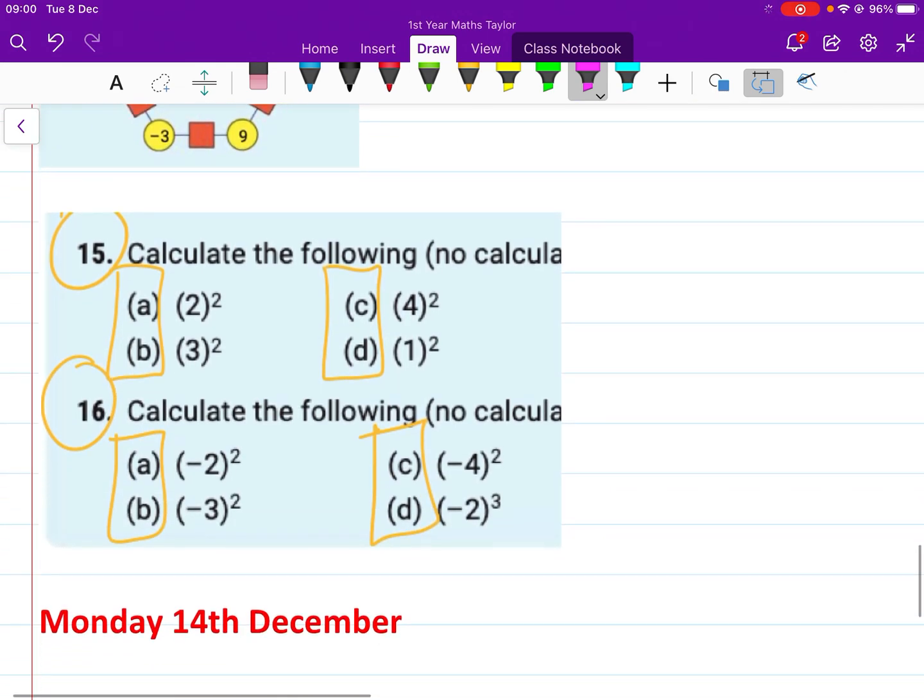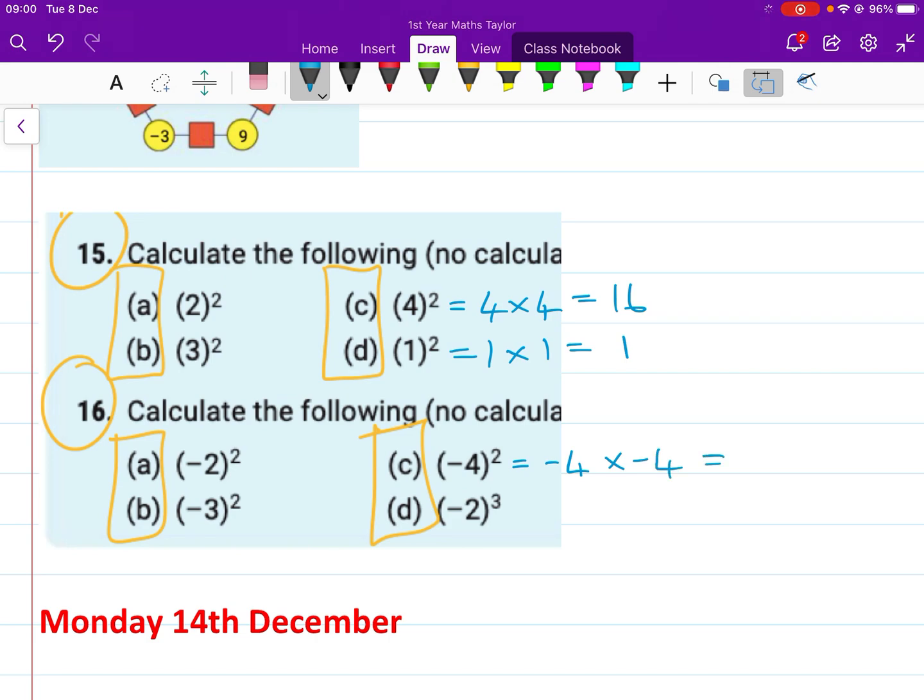That one I did, and then these ones I did A and B for Cluxton. So this is just 4 by 4, which is 16. This is 1 by 1, which is 1. This is minus 4 by minus 4, its signs are the same, so plus 16. And this is minus 2 by minus 2 by minus 2.